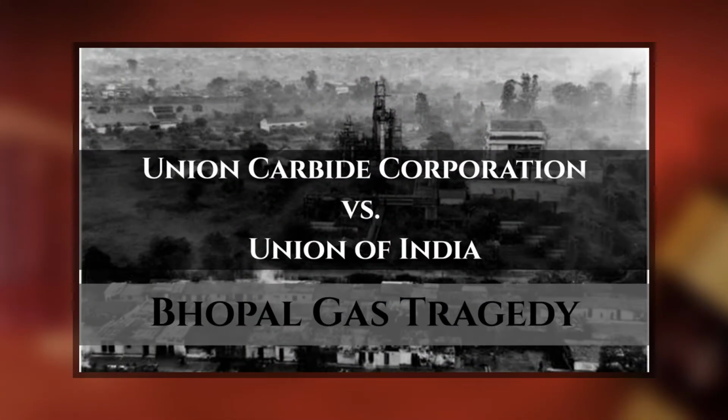After a long-drawn litigation over a period of 4 years, a final settlement was arrived at between the Union of India and Union Carbide Corporation. In Union Carbide Corporation versus Union of India, the Supreme Court passed an order on February 14th and 15th in the year 1989, directing the payment of a sum of $470 million or its equivalent, nearly about 750 crores.